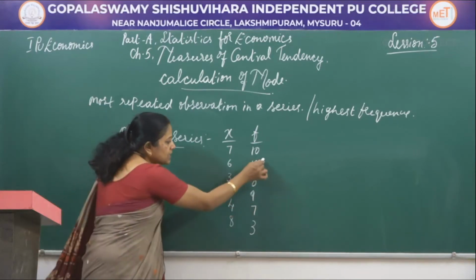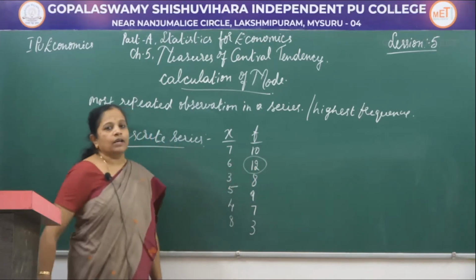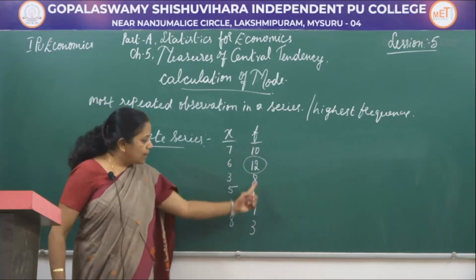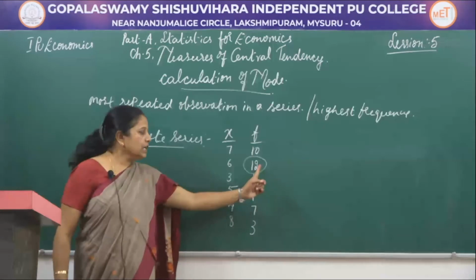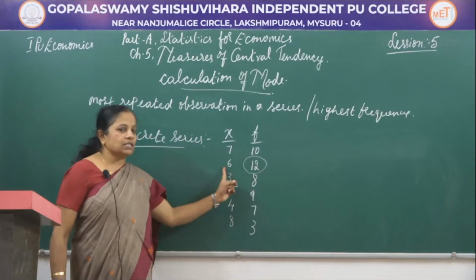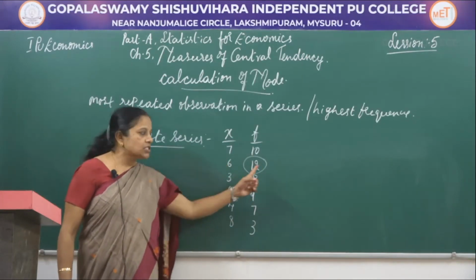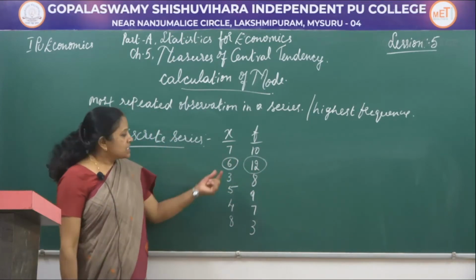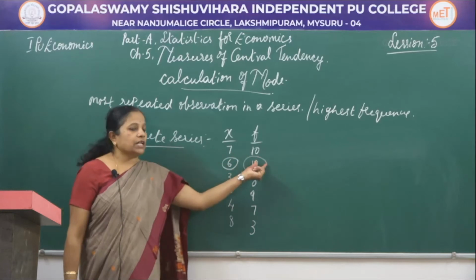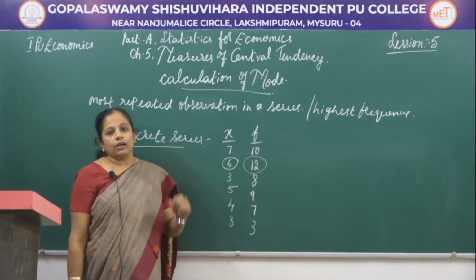In this series, 12 is the highest number amongst all the frequencies. So, obviously the value of x against 12, that is 6, is the mode, because 6 is repeated 12 times in that group.